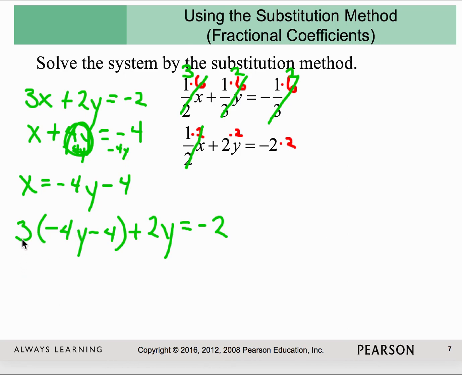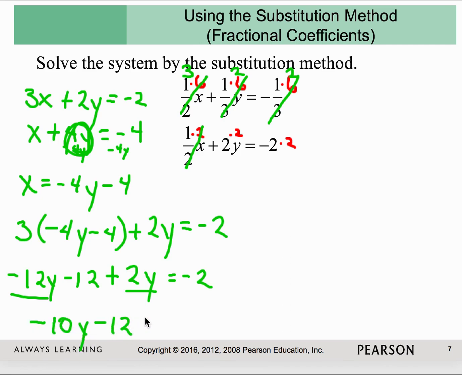Now we have an equation in one variable. We can solve it. Let's get rid of these parentheses. -12y minus 12 plus 2y equals -2. Combining like terms, -10y minus 12 equals -2. Undo everything being added to the variable.